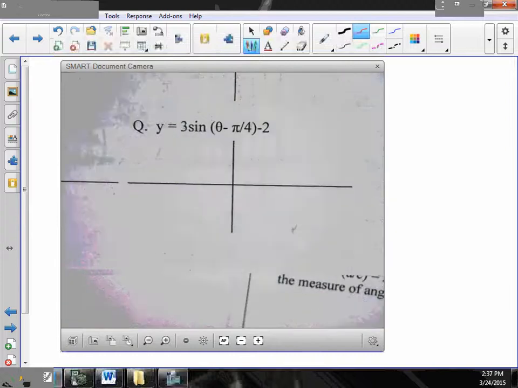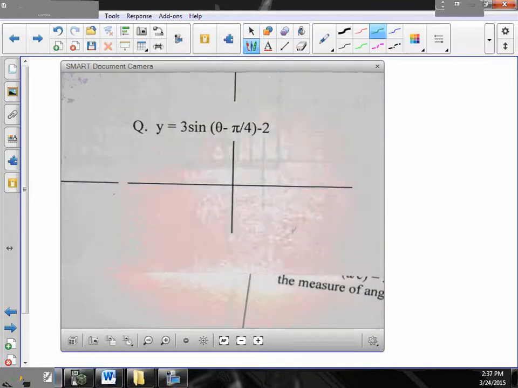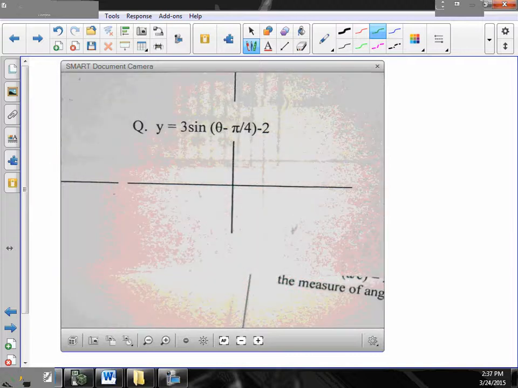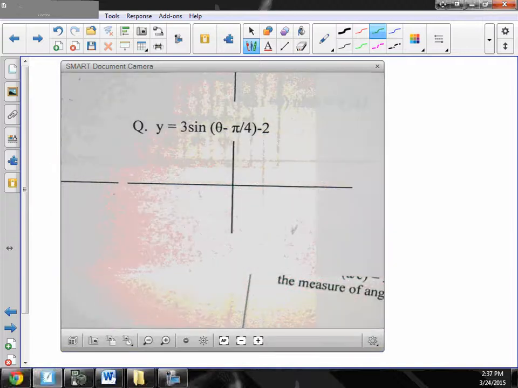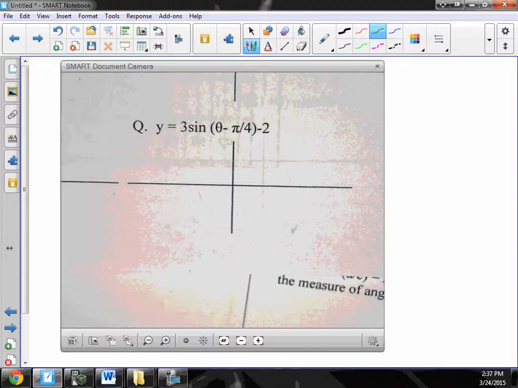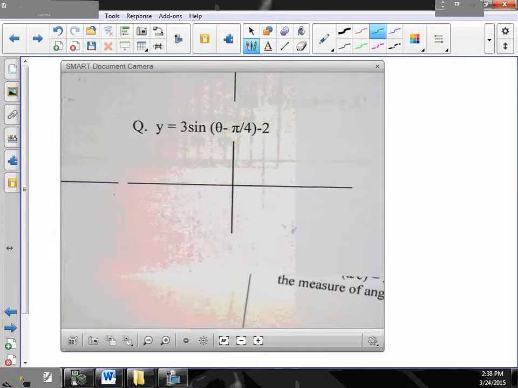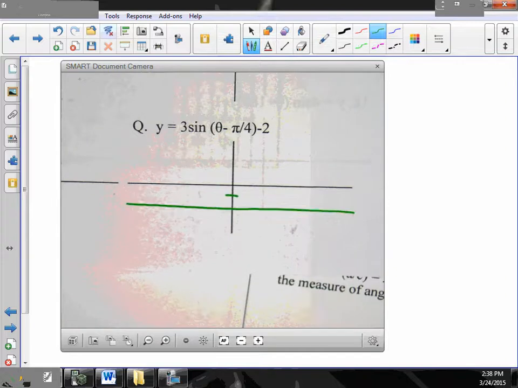Thank you. Okay, what's happening here? 3 times taller. Left 1 or right 1/4 and down 2. So my new center line is down at -2.